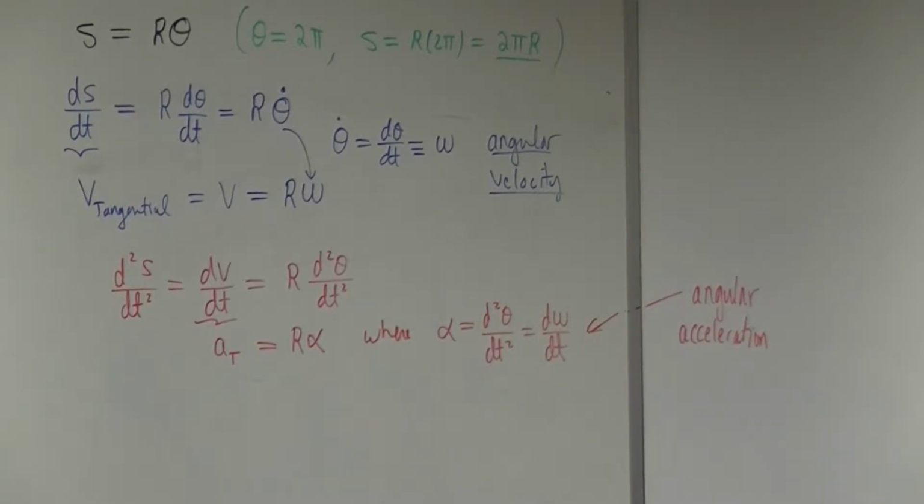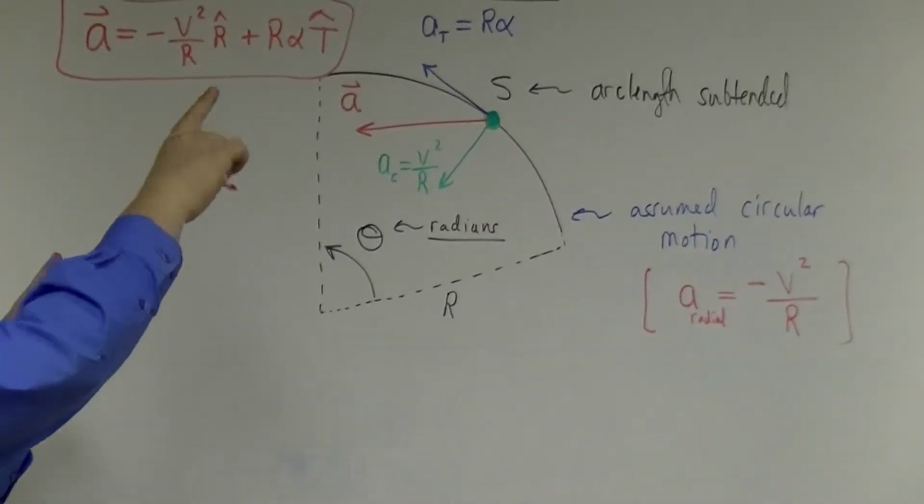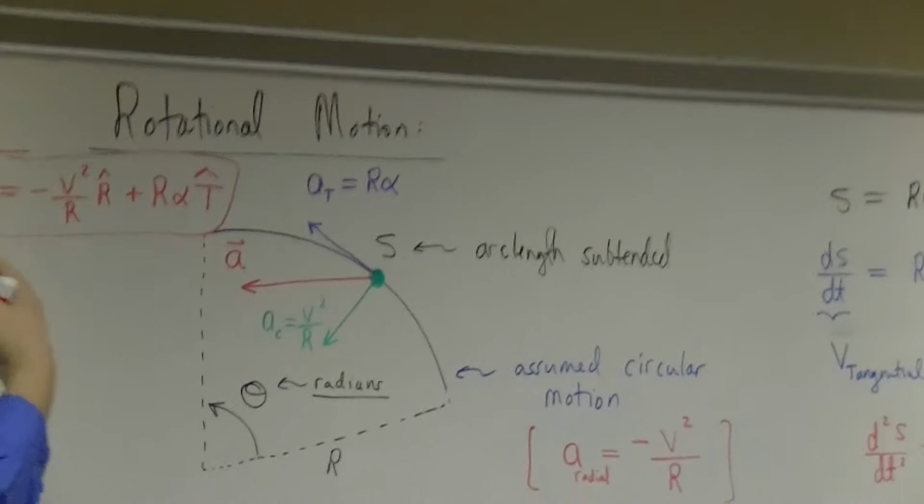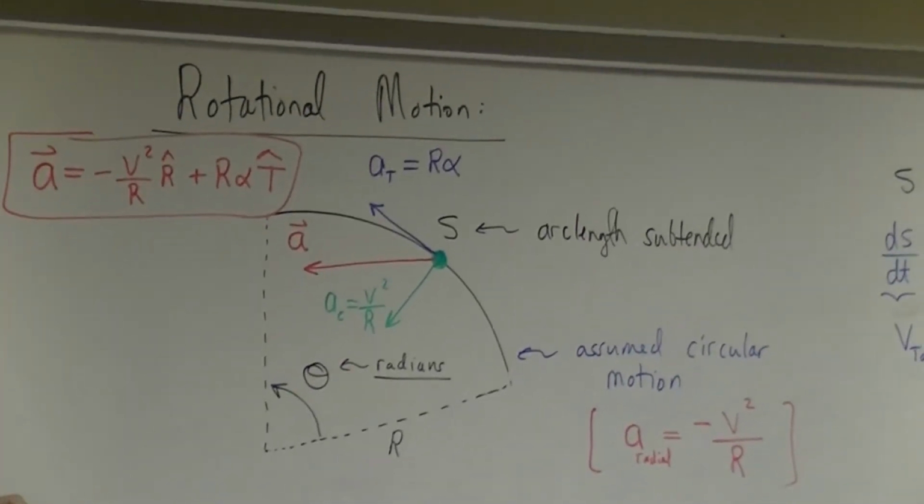The total acceleration is the vector sum of these two, so the total acceleration would be something like this in my picture. That would actually be a. The acceleration is equal to minus v squared over r, r hat, plus r alpha t hat, where r hat is the radial vector outward from the center of the motion, and t hat is the unit tangent vector in the direction of the velocity.